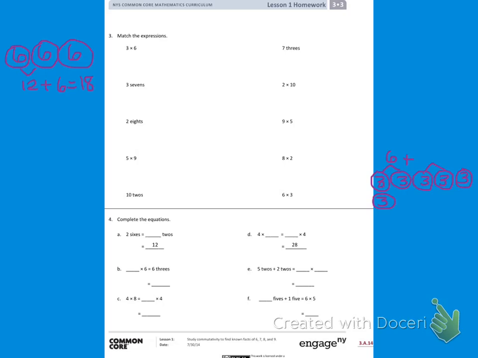Plus 3 plus 3 is 6. We know that's 12. And look at this, another 3 plus 3, which is 6. And we know that 12 plus 6 is 18. So indeed, when we switch the order of the factors, we still got the same product or answer.